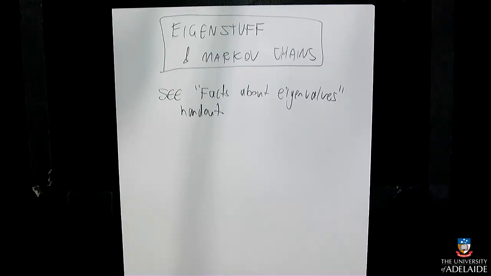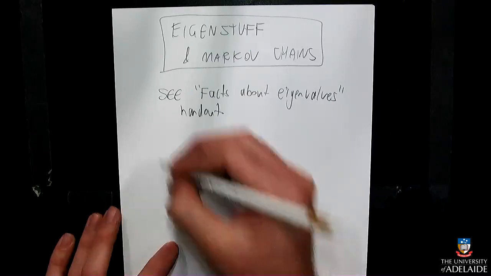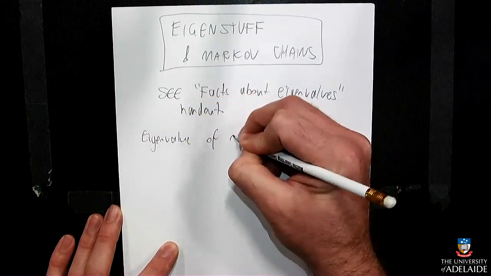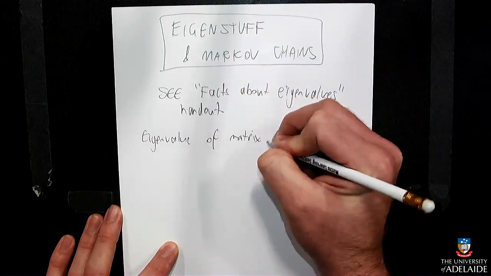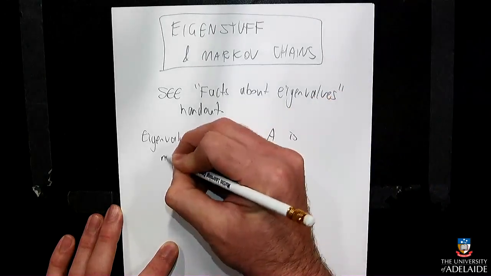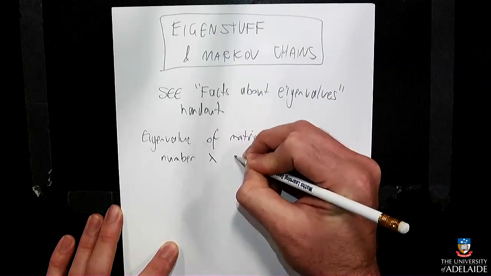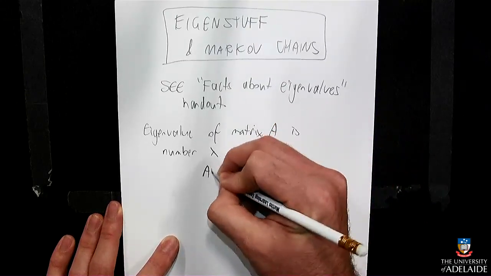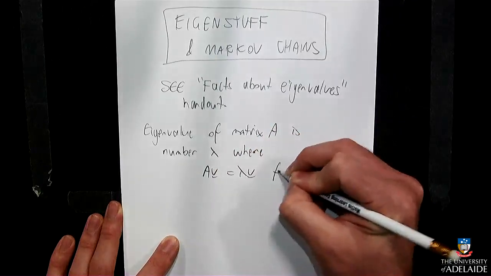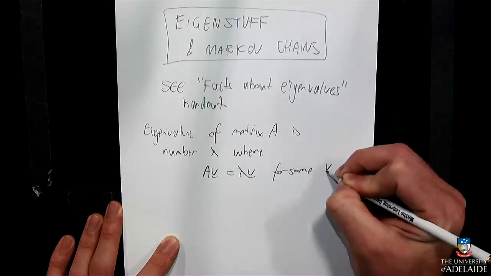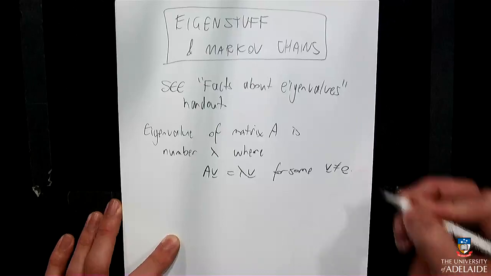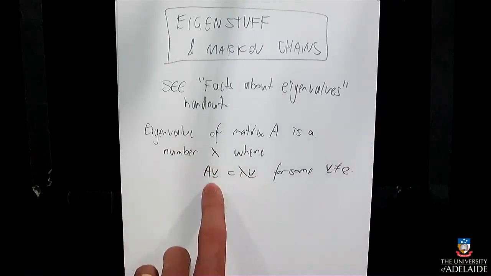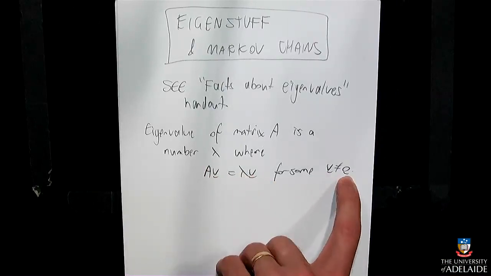Okay, so an eigenvalue is this. An eigenvalue of matrix A is a number lambda where AV is lambda V for some V not equal to 0.